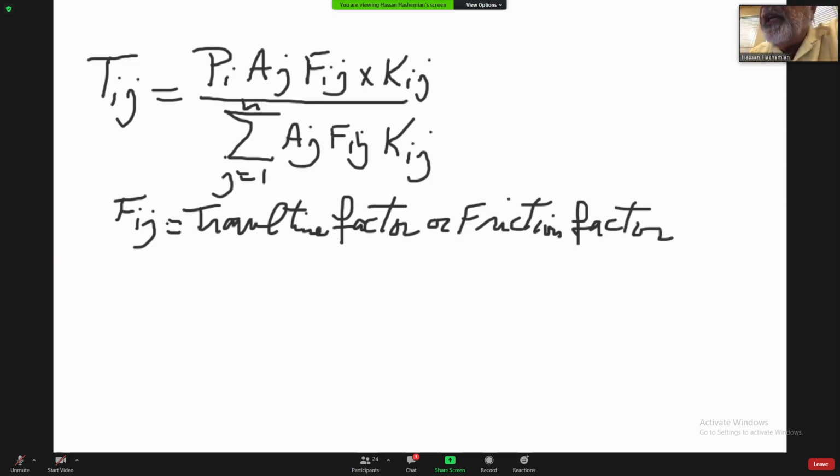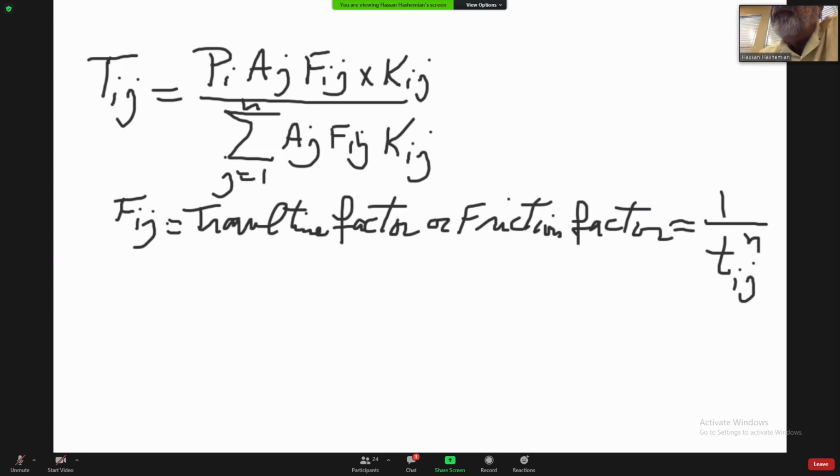Now, the Fij is related to 1 over Tij to the power of n. So if you compare this with what we had before, we had Cij. Cij, we said, can be travel time, distance, or cost.